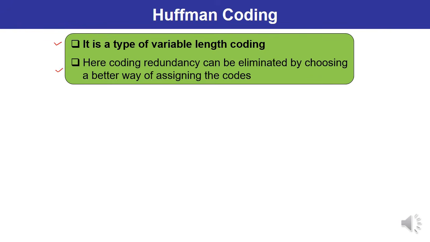Since there are various ways in which you can assign codes to the individual messages, if you select an appropriate technique, coding redundancy can be avoided. And you have studied that coding redundancy is the difference of the average length, the average number of bits used to represent the message, with the entropy. So accordingly you can calculate it.